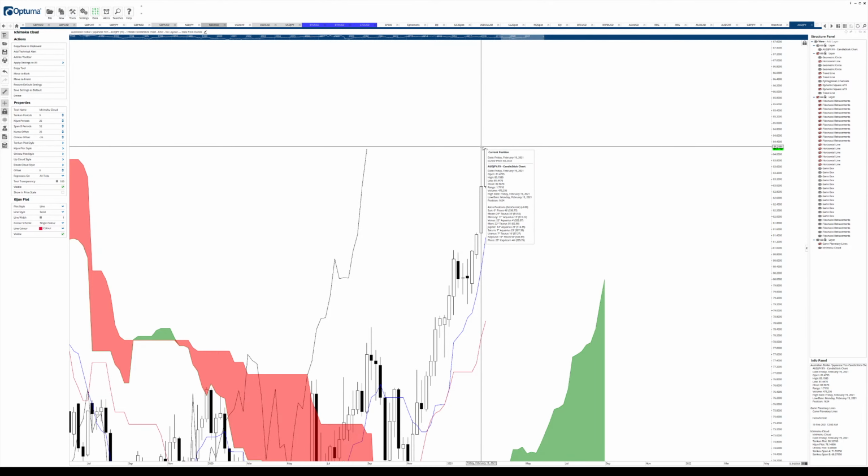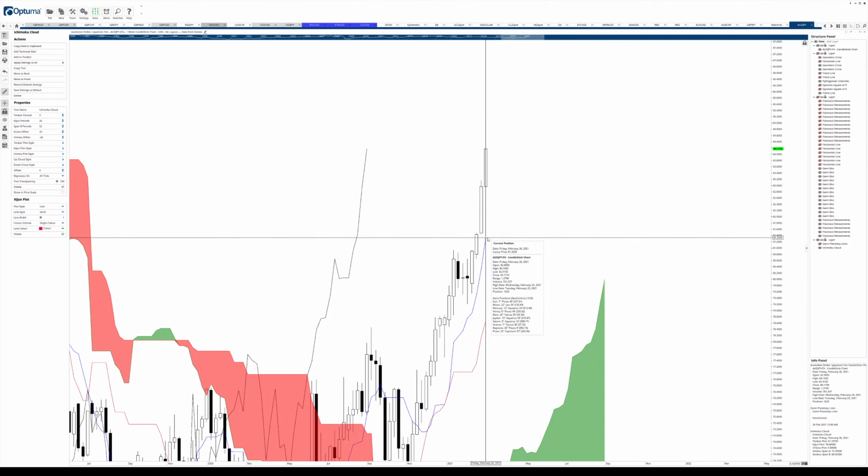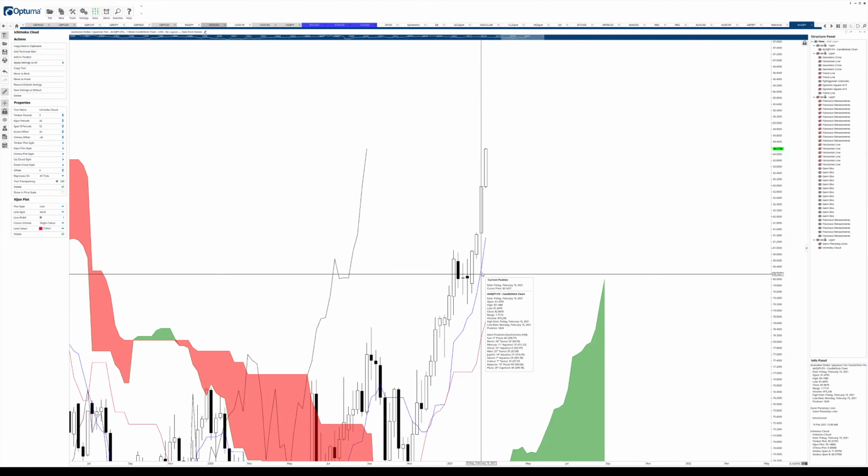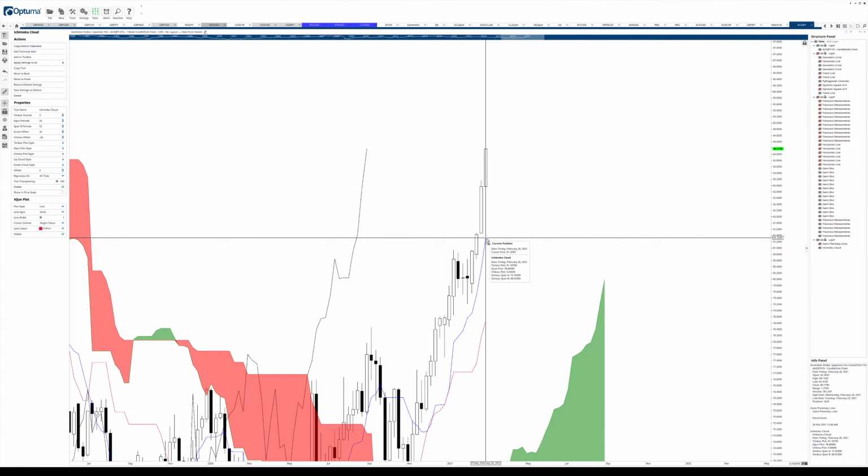Short-term extreme moves away from the Tenkan Sen get corrected very quickly and very violently. And this is the fourth consecutive week where we've traded at such a massive range from the Tenkan Sen. This would be considered anomalous technical behavior.